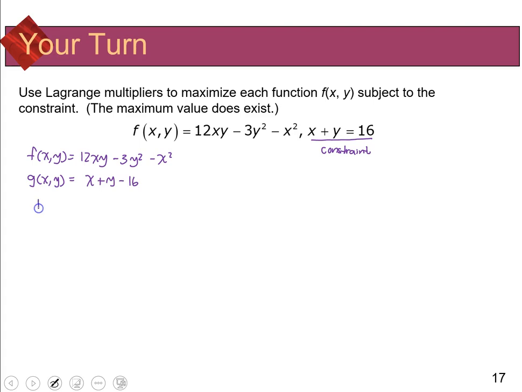Therefore, my Lagrange equation, or my Lagrange function for this circumstance is going to be 12xy minus 3y squared minus x squared plus g of x, y, which is just going to be x plus y minus 16 times lambda.